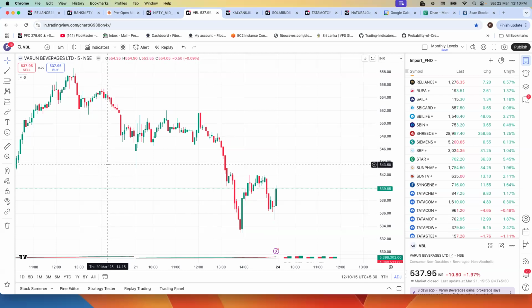Which stock will be moving in which month? If you know that a particular stock moves in a particular month, you can take a trade in that month. If you are not following that, you are doing everything wrong. You have to treat every stock as a season. This stock will work only in that particular month.